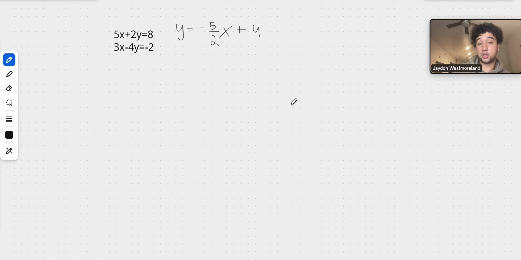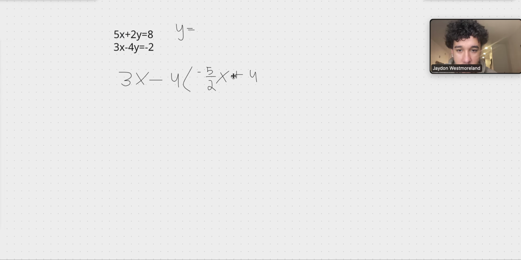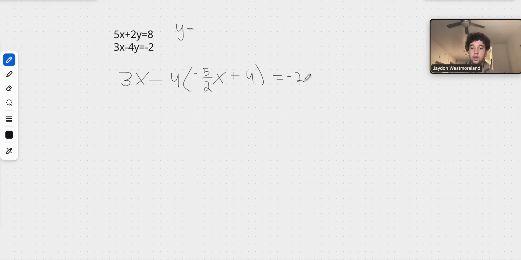Now, yes, if you're thinking it, you're right. That means I have to plug this value in here. So that's going to give me 3x minus 4 times, I'm getting lazy now, so I'm just going to physically just drag this here. This is equal to negative 2. Now, I can cross-reduce the 4 and the 2 here, which is going to make this 3x minus negative 10x.